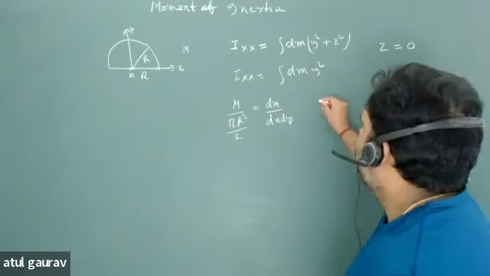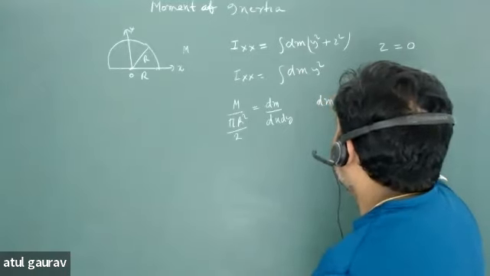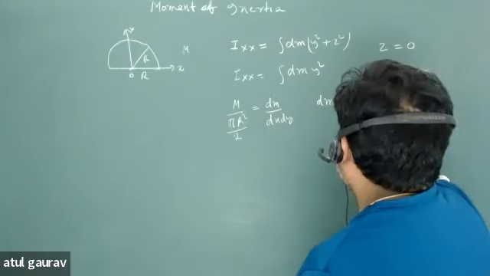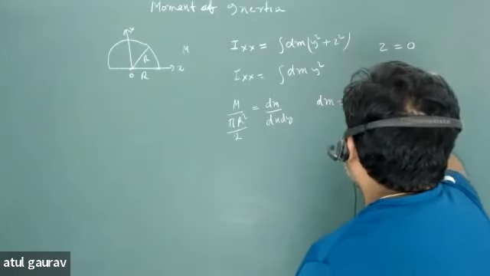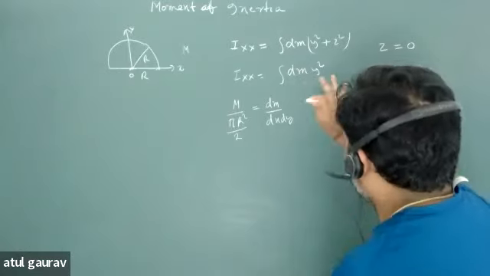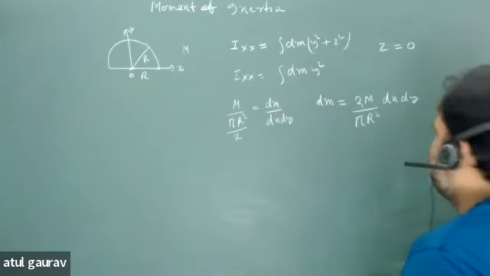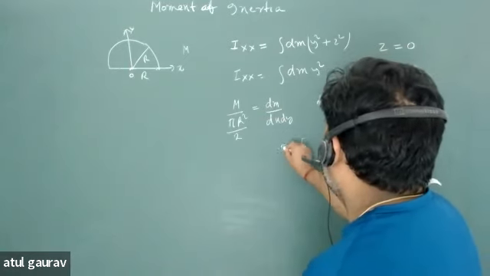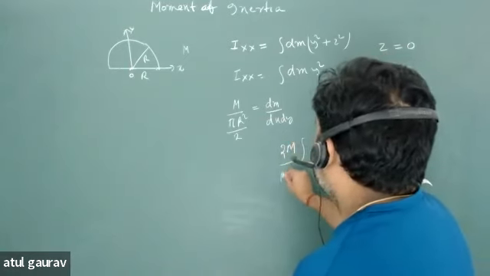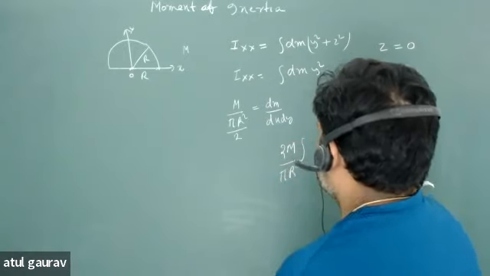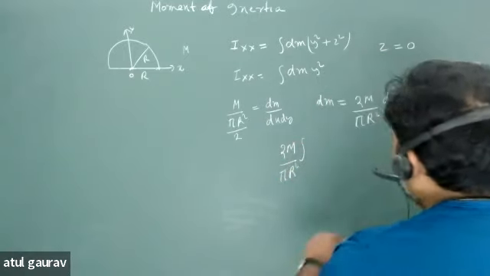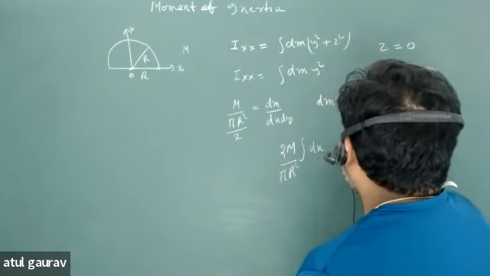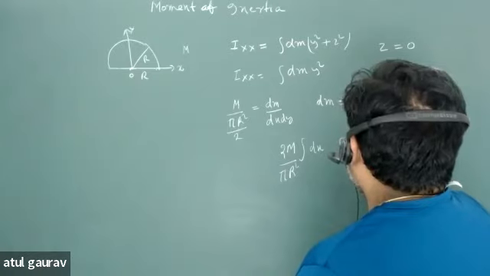Okay. So what will be my dm? My dm will be 2m upon pi r square dx into dy. Now look at what is the greatest challenge in this particular problem. So what we have is 2m by pi r square, and we have dx here and we have y square dy.